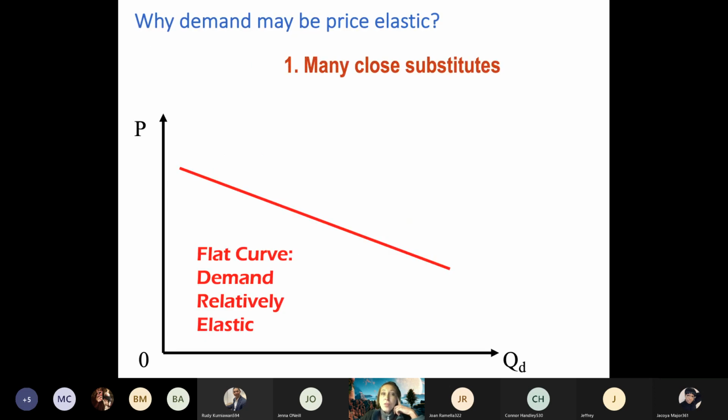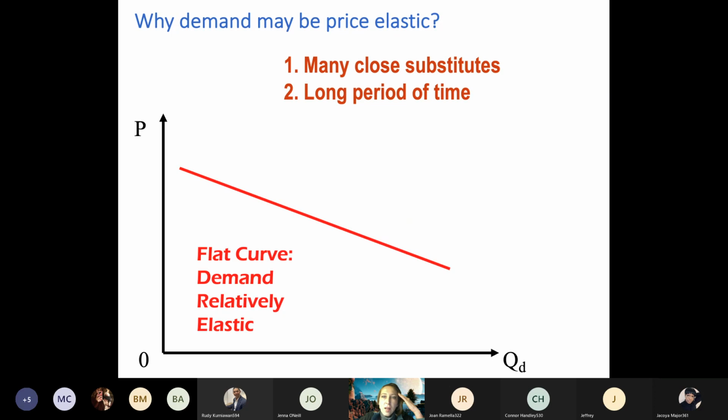So what are the reasons why demand may be more elastic? Many other hat substitutes are available. So many substitute goods are available in the market.